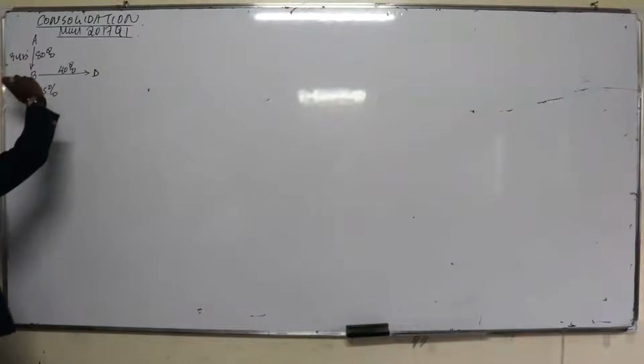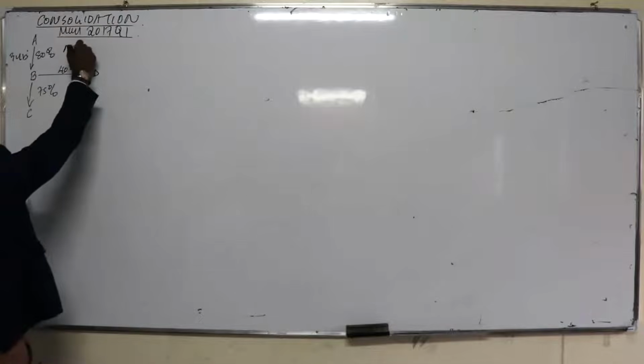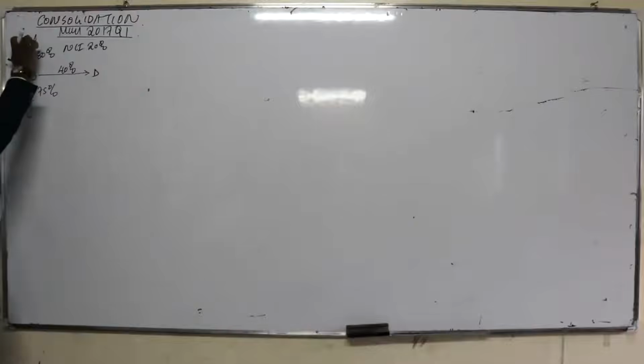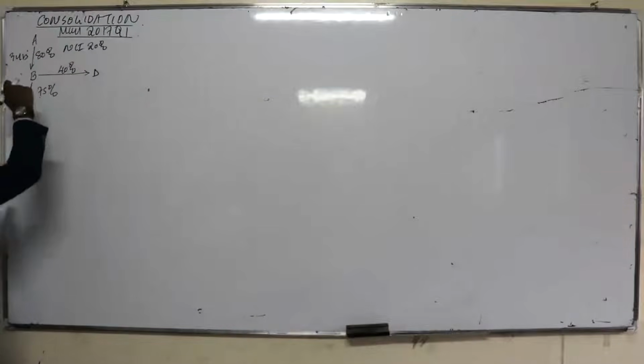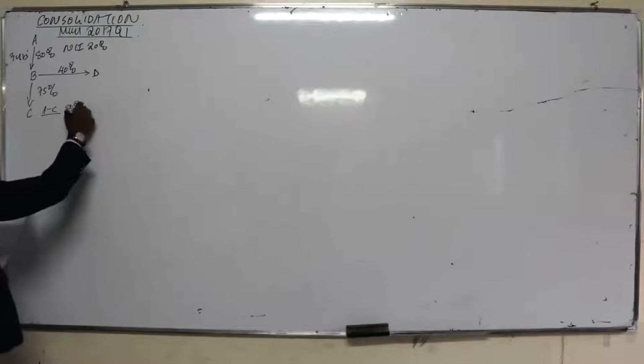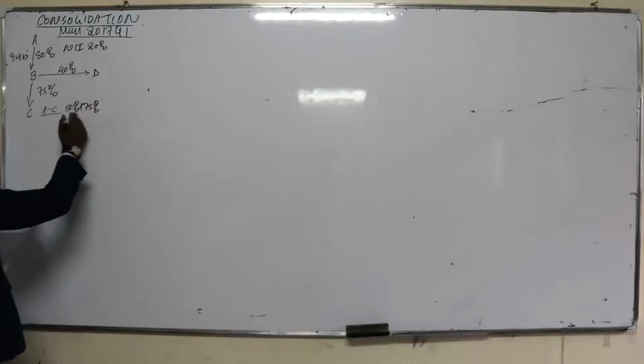A is the parent, B is the subsidiary, and the non-controlling interest in B is 20%. Then C is a sub-subsidiary because B's control is 75%. So how does A control C? It's just 80% of 75%, which is 60%.